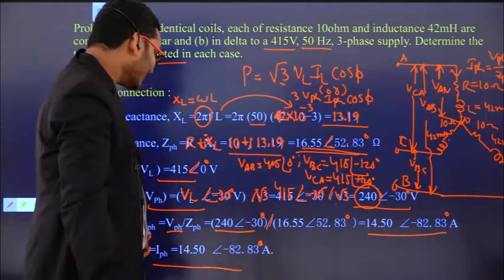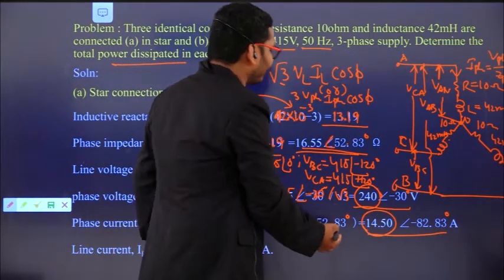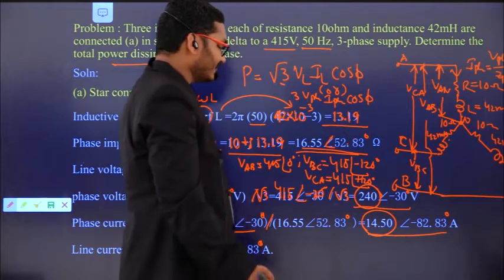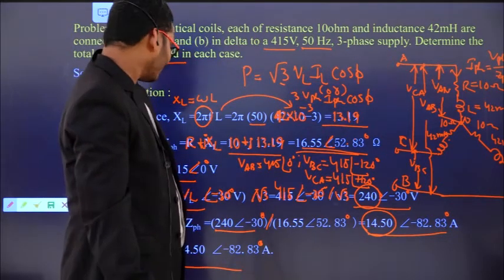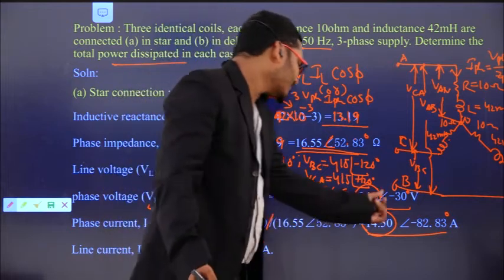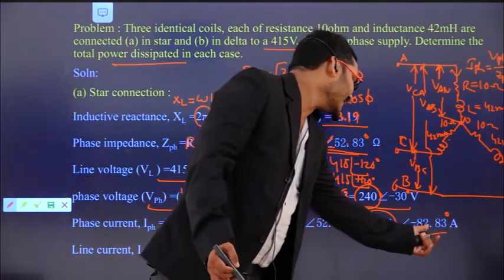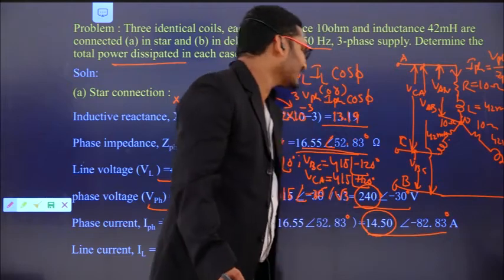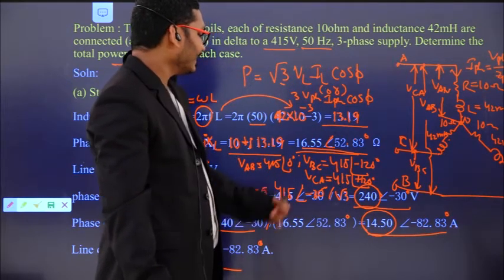The I phase value is 14.50. What is the angle between these? For V phase the angle is minus 30 degrees, for I phase minus 82.83. The difference, 52.83, is the angle.